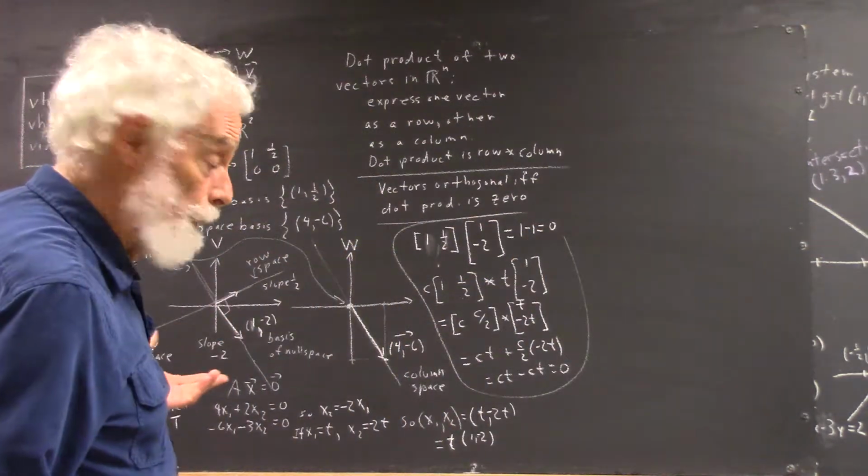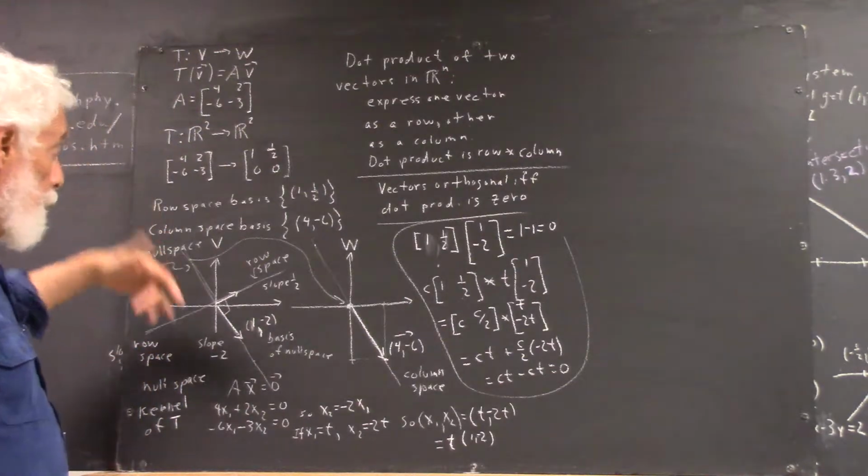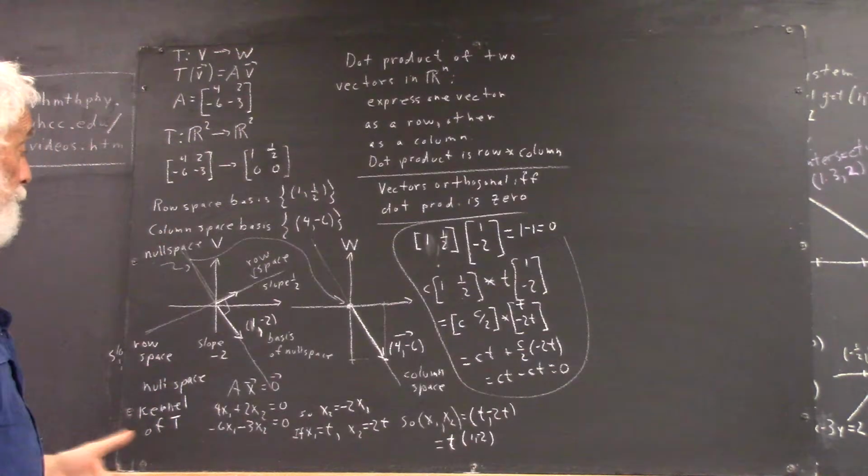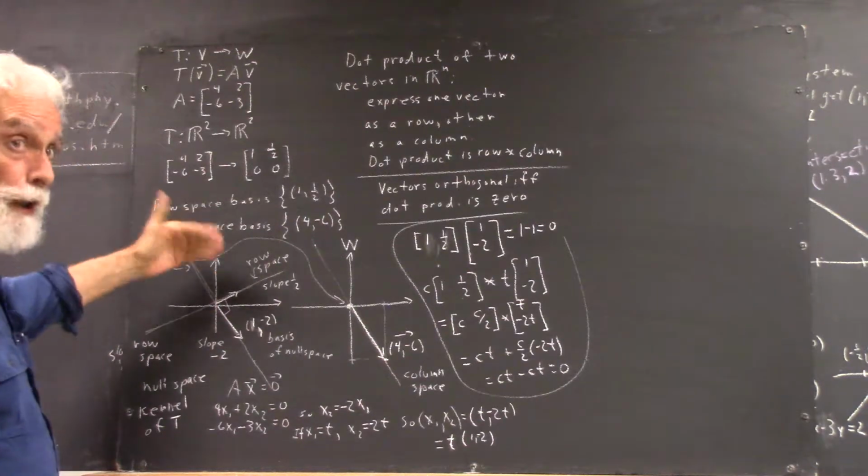So we're going to say then that the row space is orthogonal to the null space. Now that's identical to saying that they're perpendicular in R2.